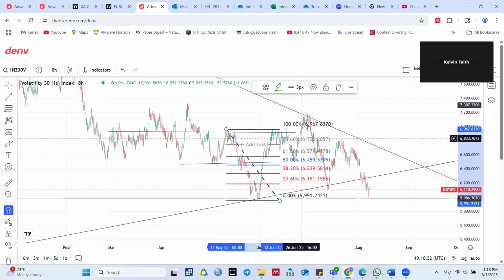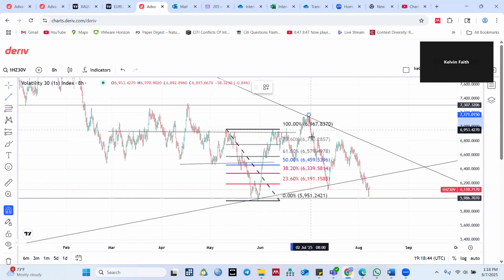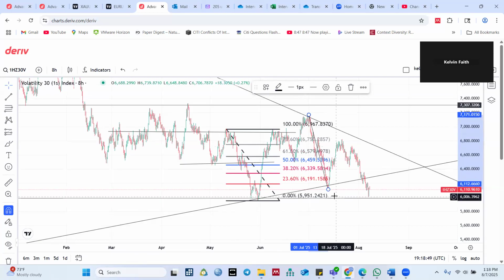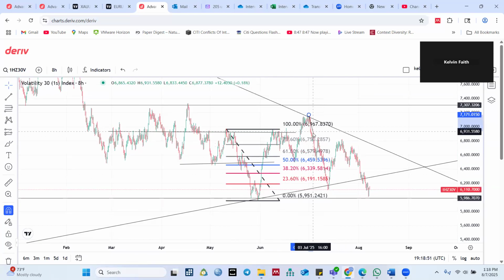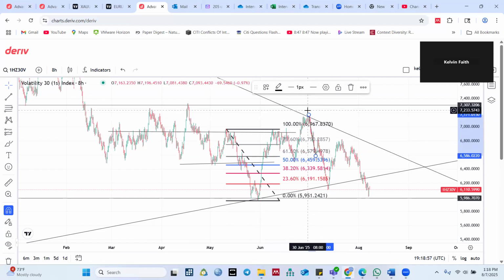But when it moved back up, it swept all of you and stopped you out. After it stopped you out, what happened? It dropped here. I told you that you see price drawing back into the same zone, which gave you an opportunity to close on break even if you were still holding your trade.